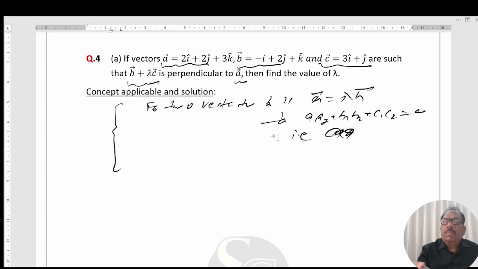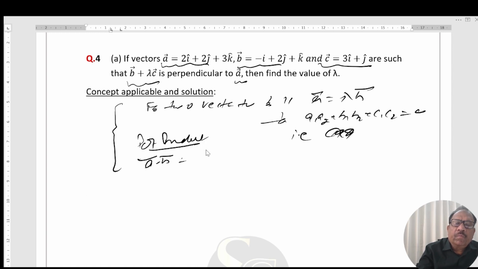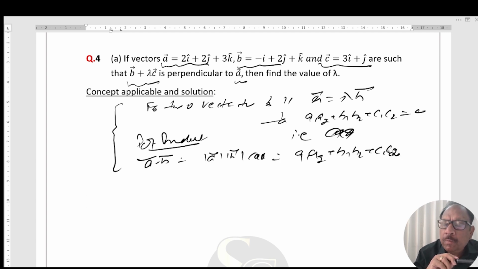A1, A2, right? And in this case, dot product A dot B equals magnitude A, magnitude B, cos theta, equal to A1 A2 plus B1 B2 plus C1 C2, right?